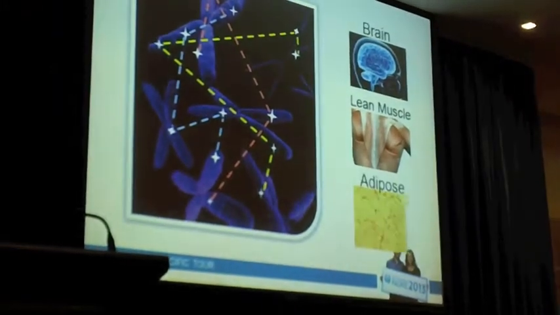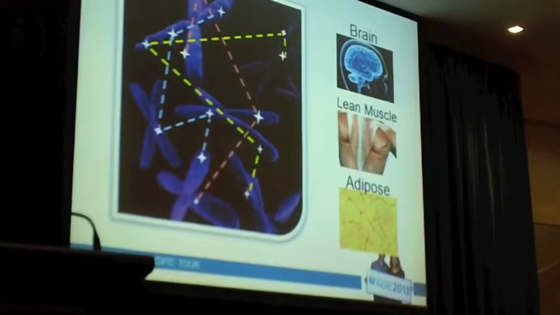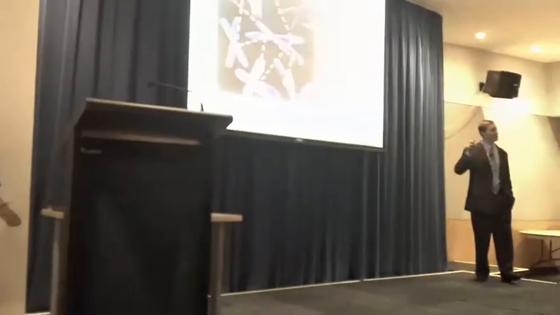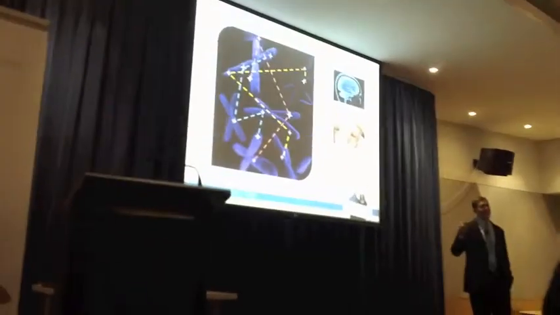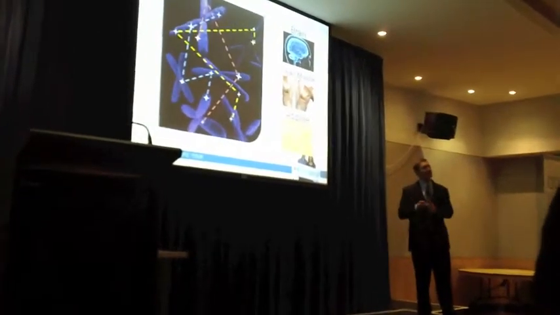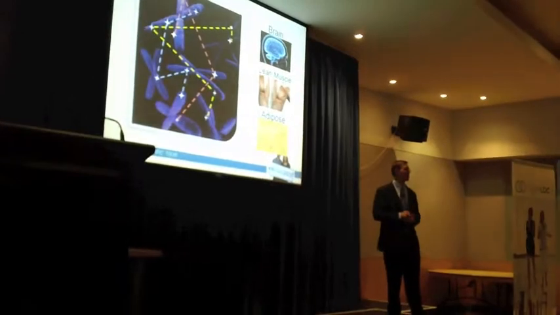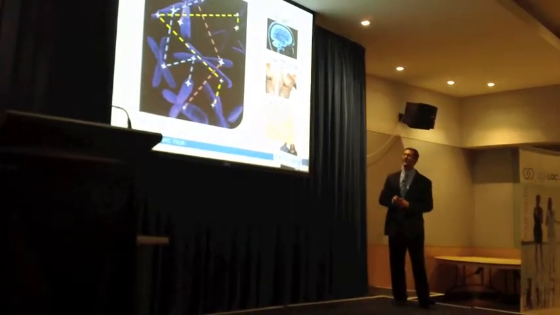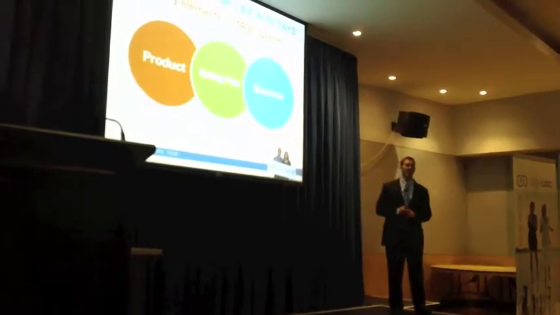And then lastly, in adipose or fat tissue, we wanted to understand how certain genes are expressing in that. In each one of these tissues, we have identified groups of genes that behave differently as we age than they did when we were younger. And we're just looking at a way to reset those back to their youthful levels.